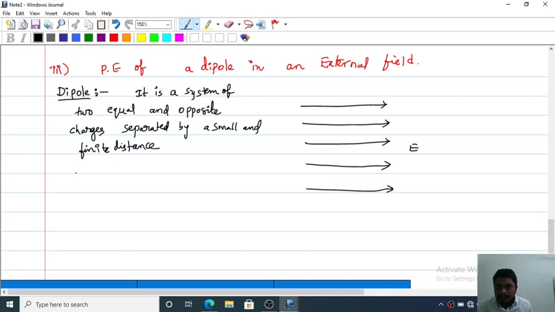If two charges Q1 equals plus Q and Q2 equals minus Q, so we have two equal and opposite charges, separated by a finite distance 2a.